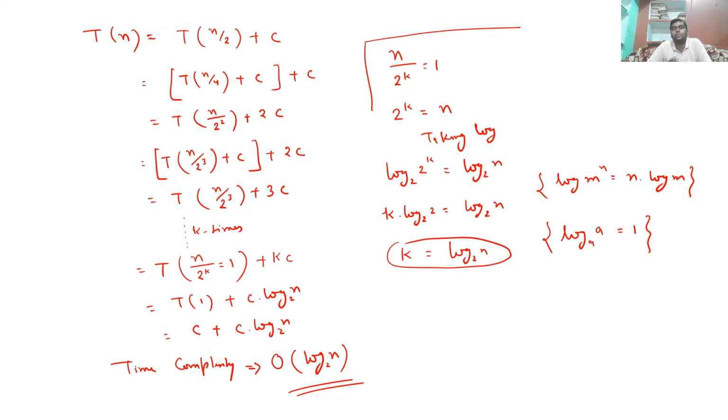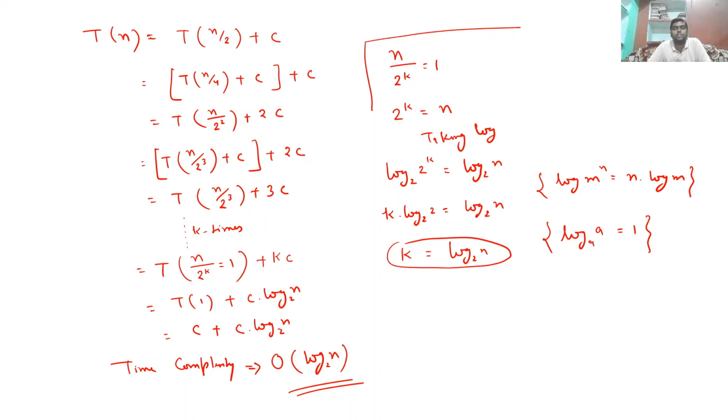The next concept which we saw is searching. You are given n elements and a key which we need to search, and we are supposed to return the index of that element if it is a successful search, otherwise -1. We saw two kinds of searching: linear search as well as binary search.